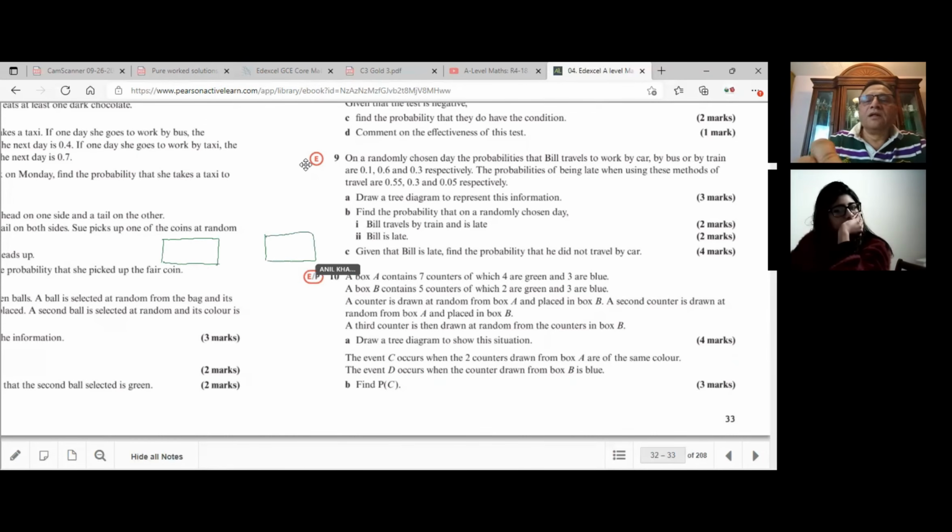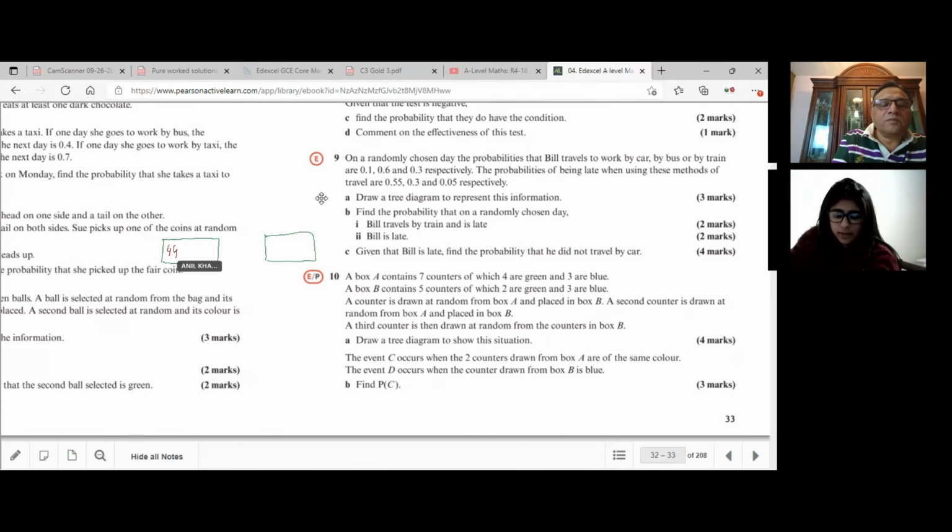Now, this is a very tricky question, actually. Box A contains 7 counters, 4 green, 3 blue. Let me write down 4 green. Box B contains 5 counters, 2 green, 3 blue. Correct.